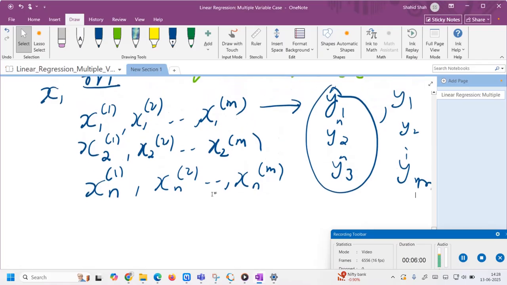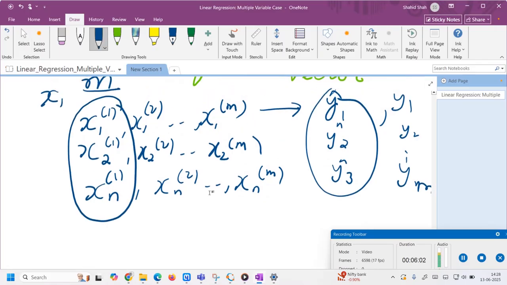In this way, let me elaborate it. Suppose we consider the first instance of all training samples.